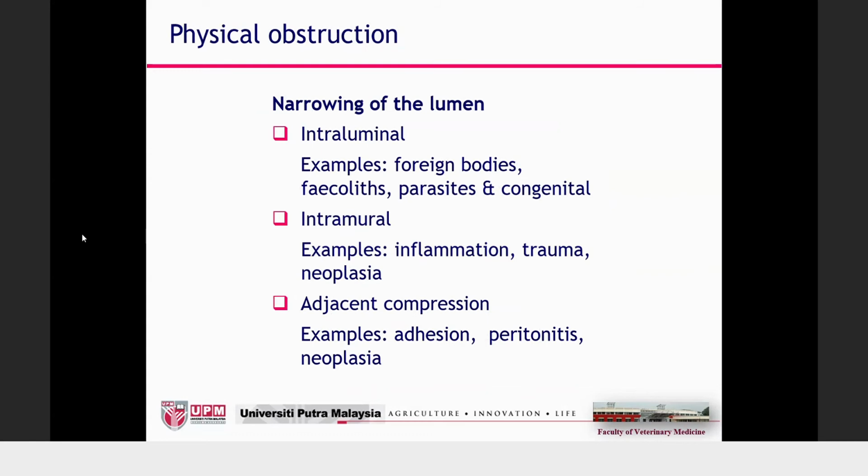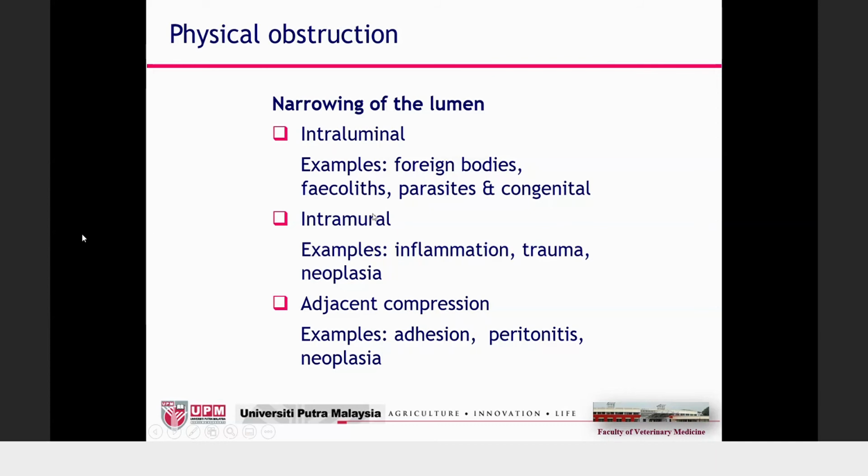the intestine is a very long tube, yeah? And we can see that narrowing of the lumen can result from intraluminal causes, meaning the presence of a foreign body in the intestinal lumen, either parasite, congenital, and many other things.